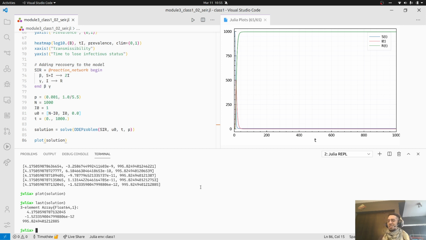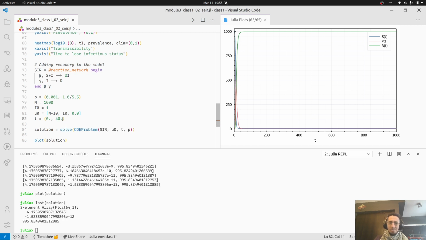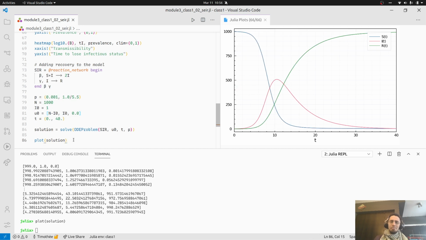So what is interesting is that we have this epidemic that took place over a long period of time, and by the end, we can quantify the number of people that have not been infected. What does it mean from a biological point of view? Well, it means that because the individuals that lose their infectious status don't become susceptible again, they get removed. The number of contacts is decreasing.